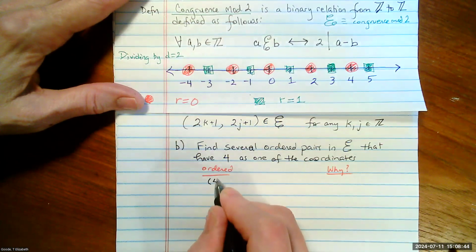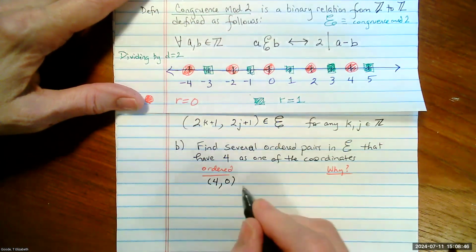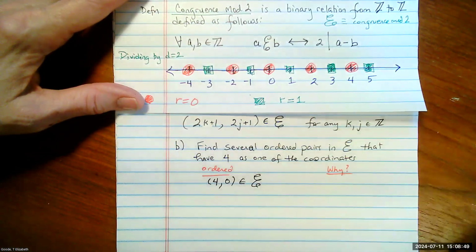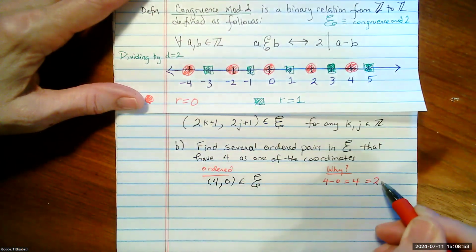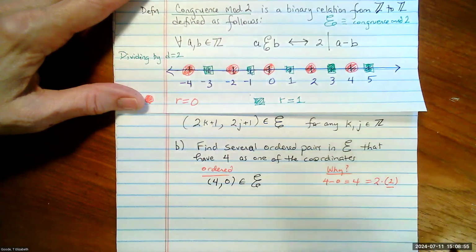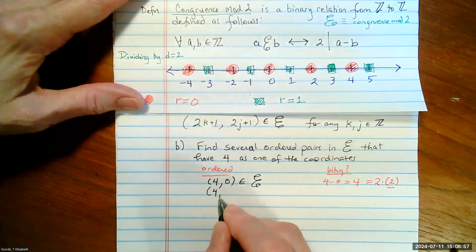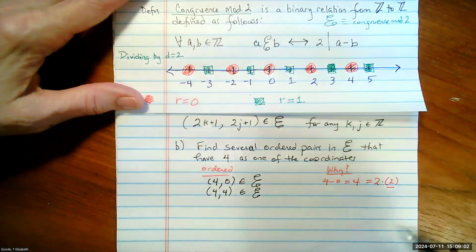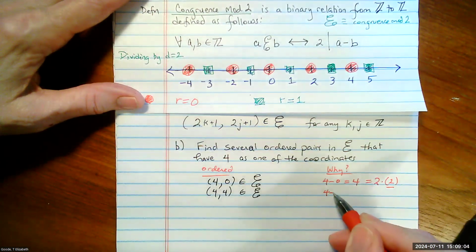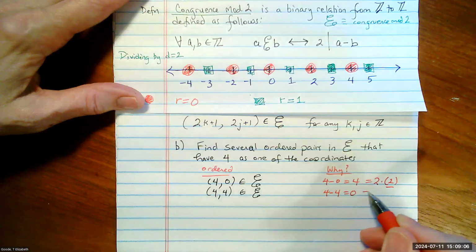Well, how about the ordered pair 4, 0? That's in E, because 4 minus 0 is 4, and of course that's a multiple of 2. It's 2 times 2. 4 is going to be related to itself for the same reason that 3 was related to itself, because 4 minus 4 is 0, and 0 is a multiple of 2.